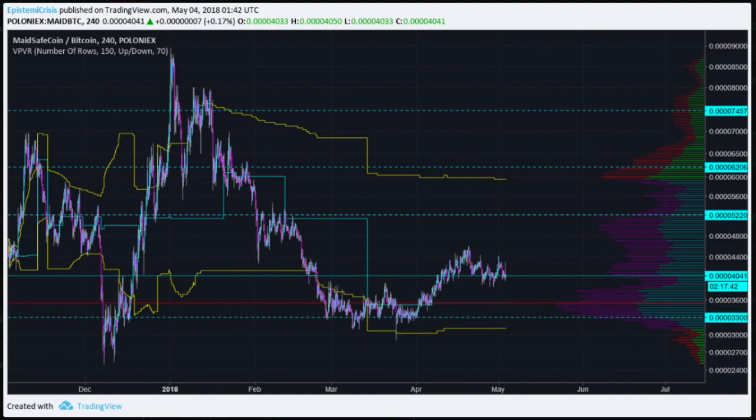So this is the more recent price action, and you'll notice that the volume profile is different for this area, and that's because we're taking different trades into consideration. In the first image, we're taking the entirety of all the volume for this particular market, and now we're just taking from December to now.